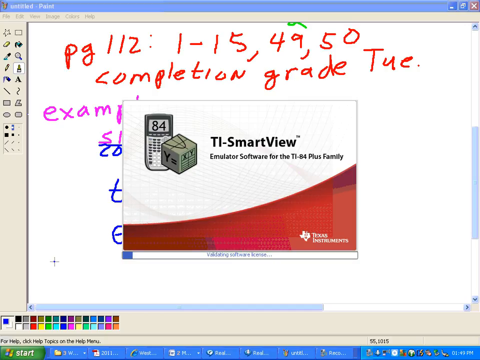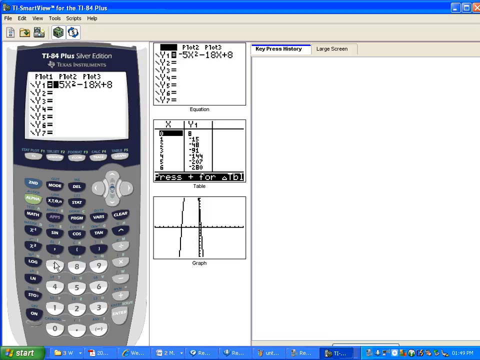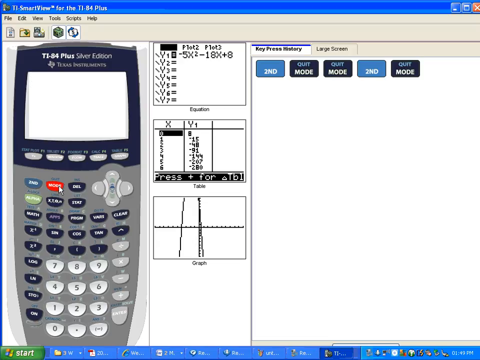I'm going to be in degrees, which I am already in degrees. I'm going to hit second, click to back to my home screen. I'm going to hit inverse tangent of 1. And it tells me that the answer is 45 degrees.